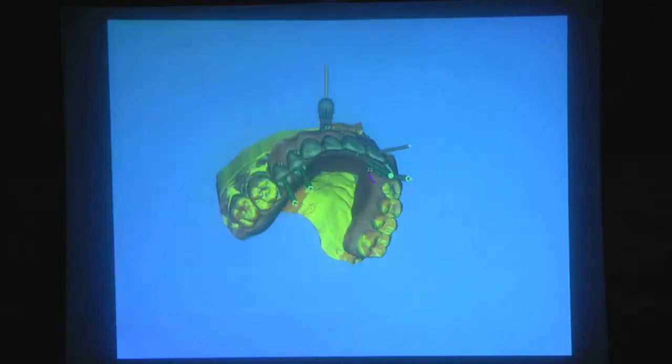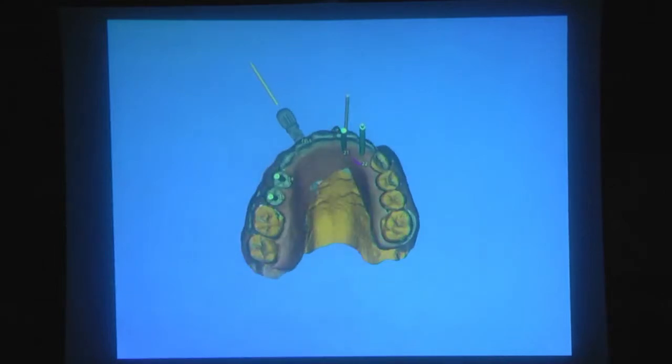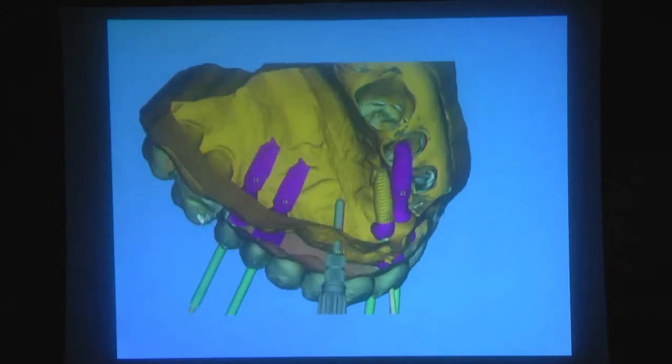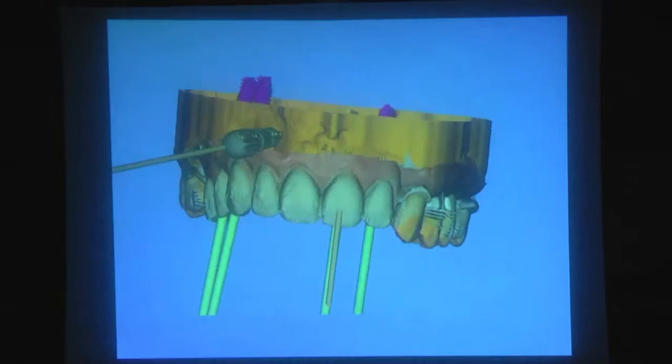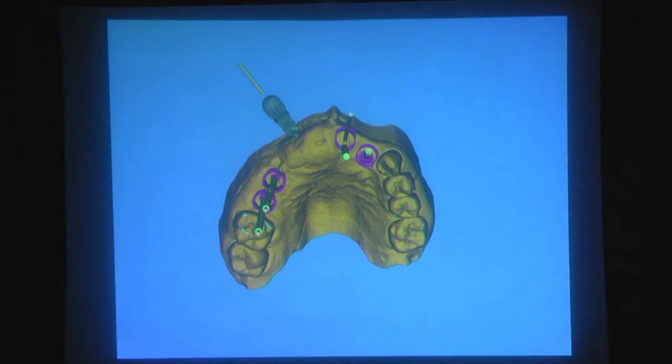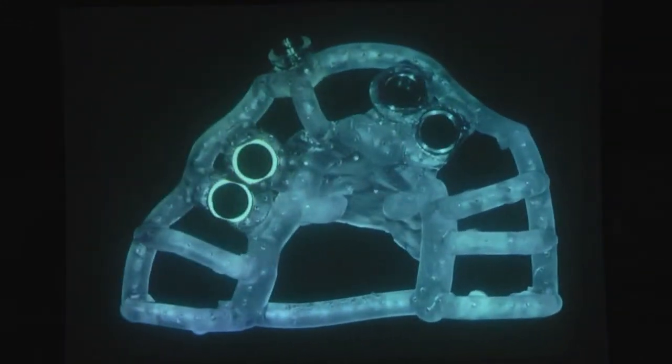We're going to place 4 implants and make a bridge, using some regular multi-unit abutments and some angulated multi-unit abutments, and then fix a temporary PMMA for immediate prosthesis. After waiting for 3 months, we're going to finalize the case with a permanent prosthesis. So we create a customized guide for this patient.